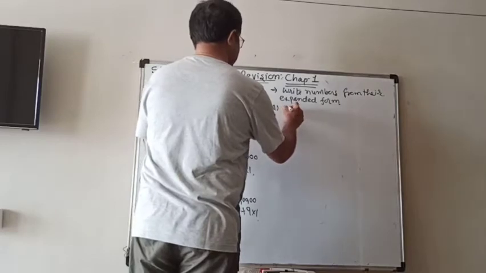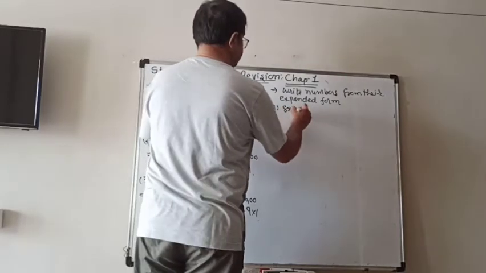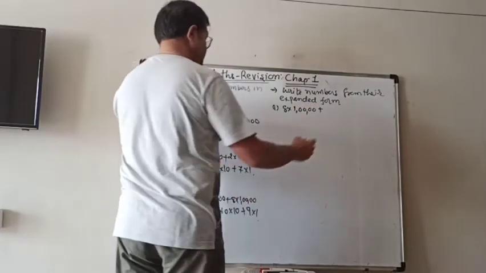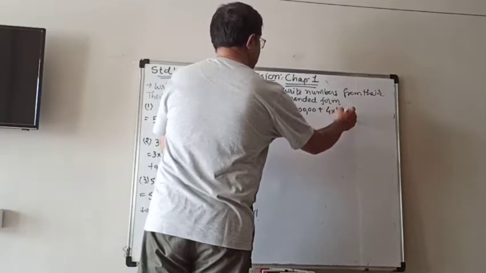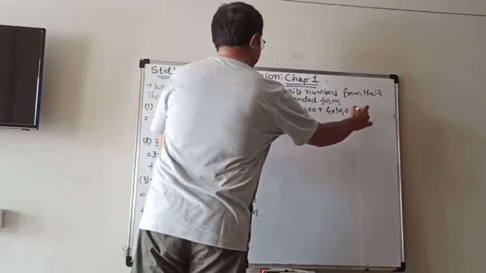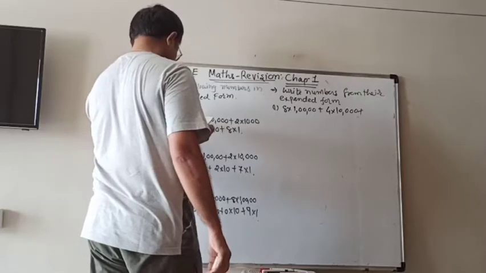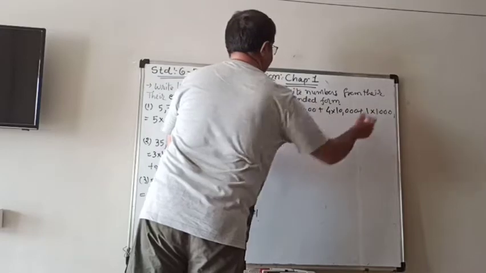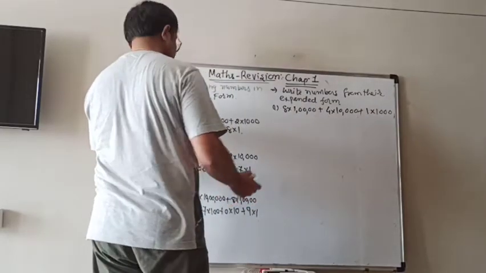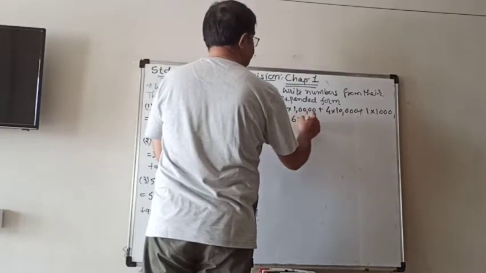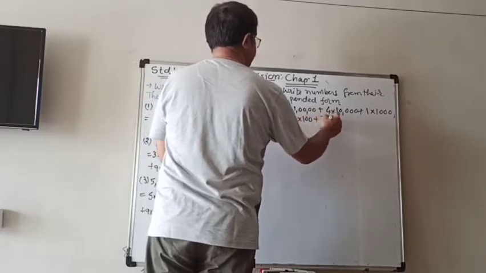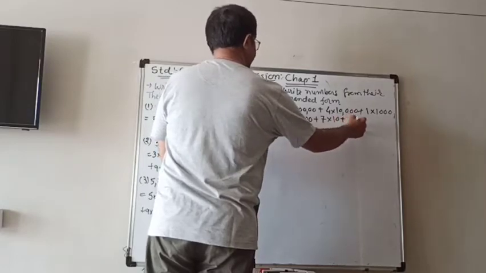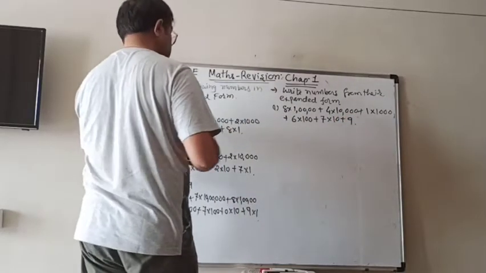First one, 8 multiplied by 1 lakh plus 4 multiplied by 10,000 plus 1 into 1000 plus 6 into 100 plus 7 into 10 plus 9 into 1.